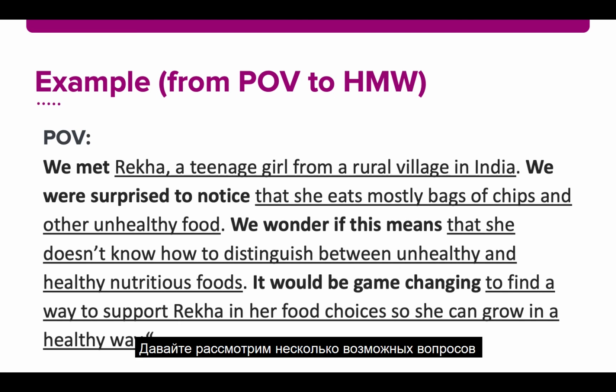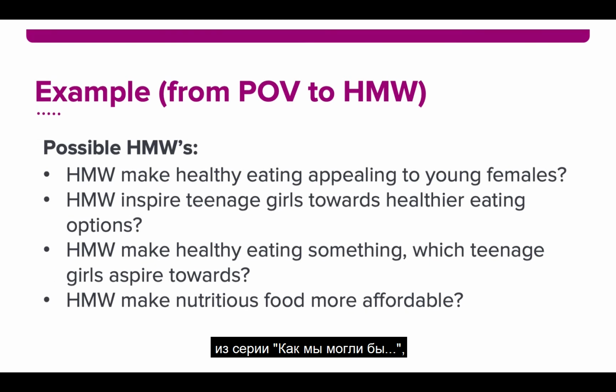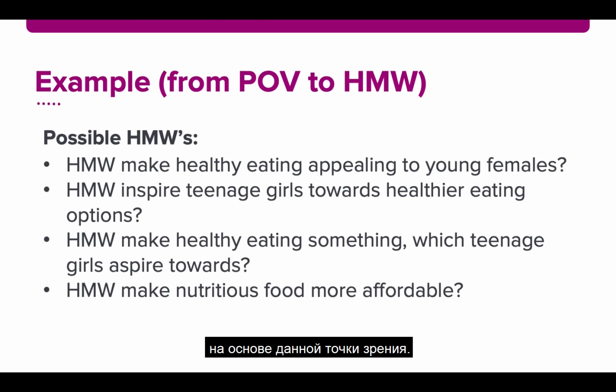Now, let's look at a number of possible how might we questions to address this point of view. Some possible how might we's are: how might we make healthy eating appealing to young females? Or how might we inspire teenage girls towards healthier eating options? Or how might we make healthy eating something which teenage girls aspire towards?